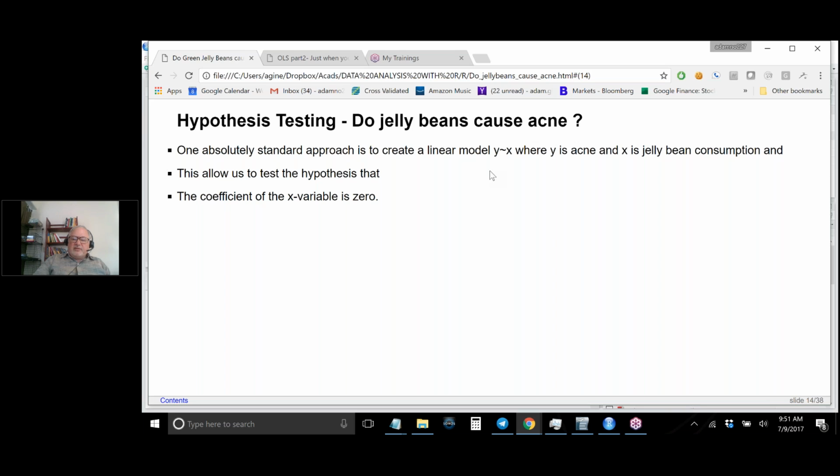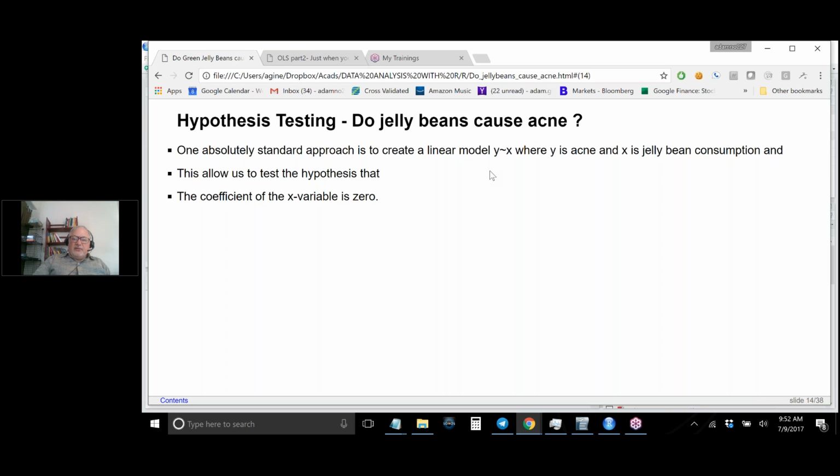The hypothesis is that the x coefficient is 0. So a small p-value is going to indicate that it's false that the true coefficient is 0. So p less than 0.05 is what we're looking for. That'll mean that there's a small probability that you'd get that coefficient if the real coefficient was 0. So if there's a p-value of less than 0.05, that means that we've provided evidence that jelly beans cause acne.